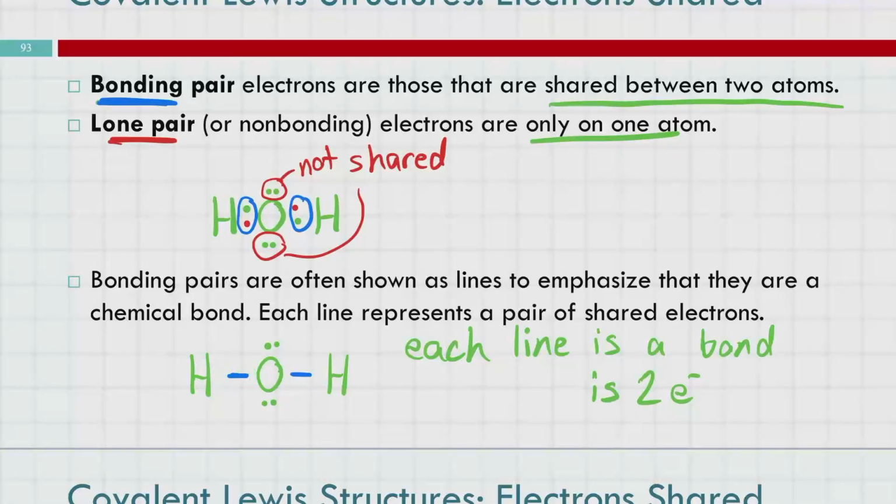Hydrogen has 1 bond, so it has a duet. Hydrogen will only ever have 1 bond, because it only needs a duet. Hydrogen only forms 1 bond ever in this class.